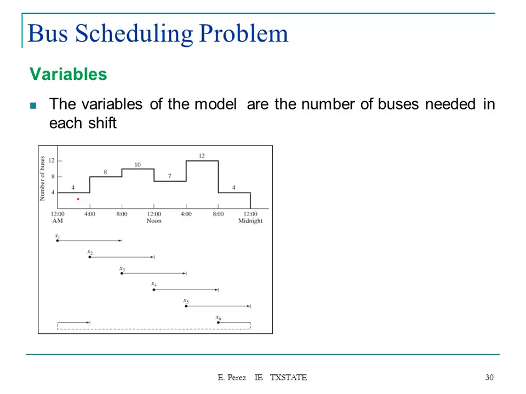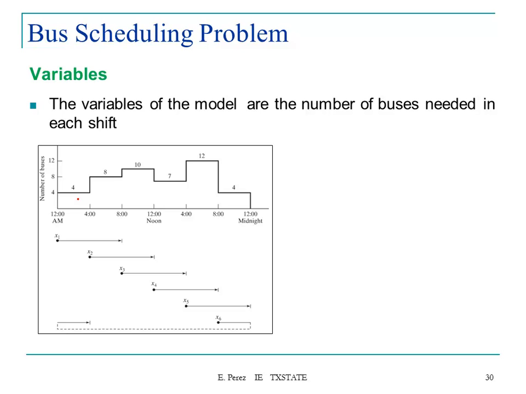And then another shift starting at 8 until 4. Another one starting at noon until 8. From 4 to midnight, and one from 8 to 4 a.m. So you can have 6 shifts in your schedule.